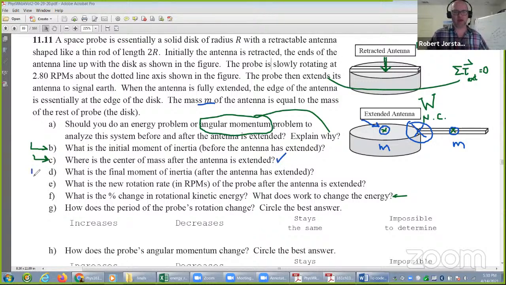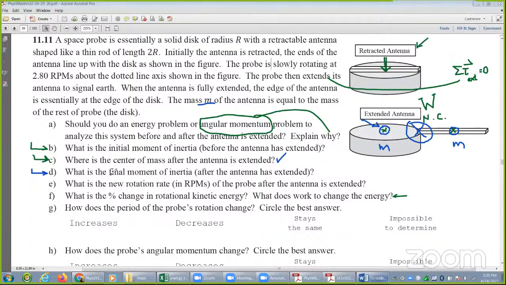What do you think is going to happen? Is the final moment of inertia going to be bigger, smaller, or the same? What's your gut? I think it'll be bigger when it's extended. Why? What is your reasoning? Because the same reason that figure skaters bring it in to lower the moment of inertia.